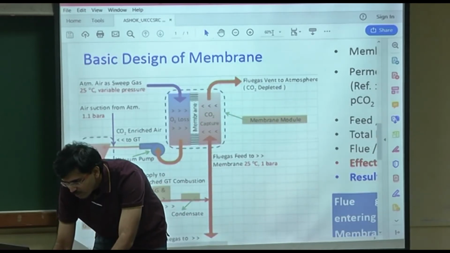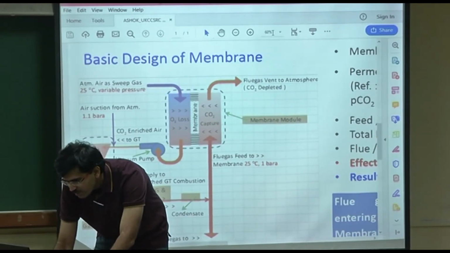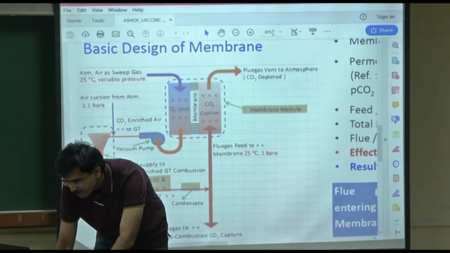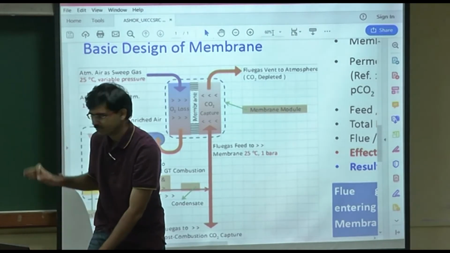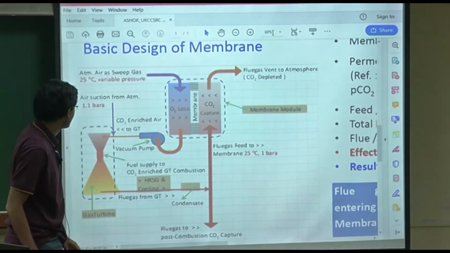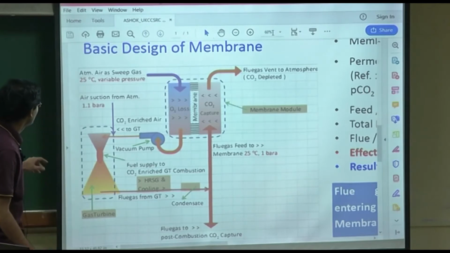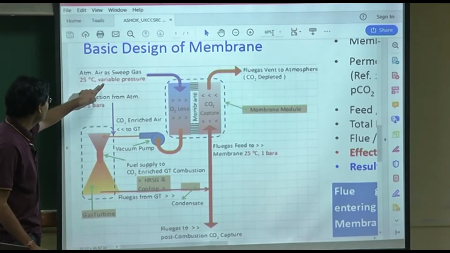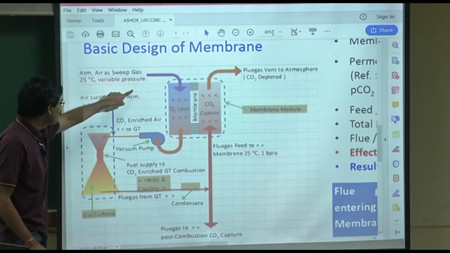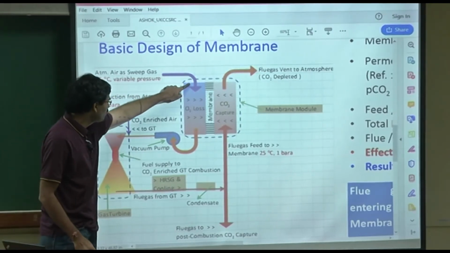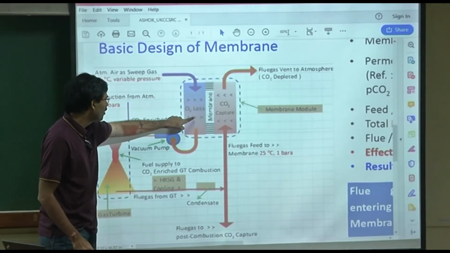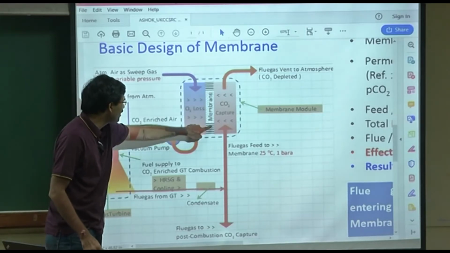I hope it is clear. That was the concept: atmospheric air as the sweep gas passing through the permeate side of the membrane. Here is the membrane in the middle.